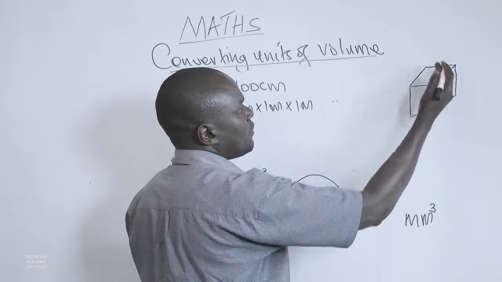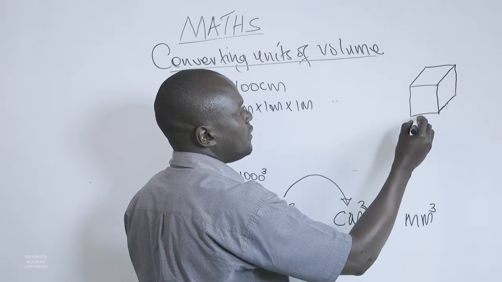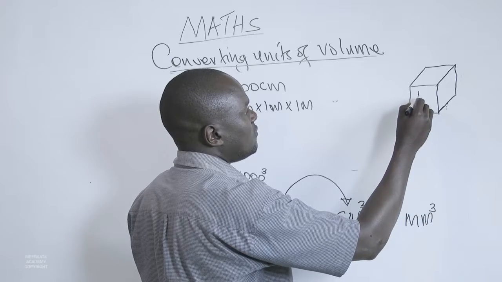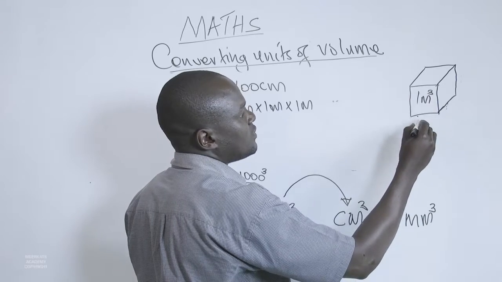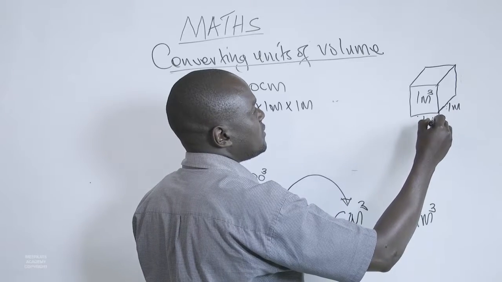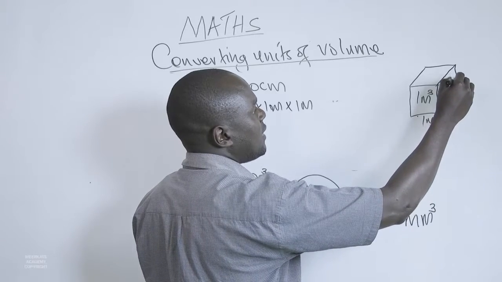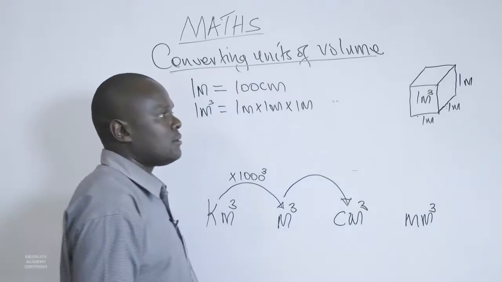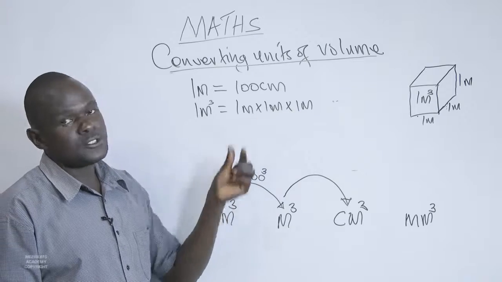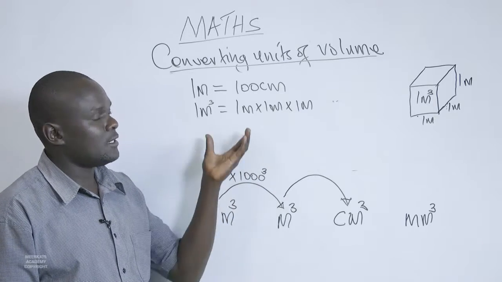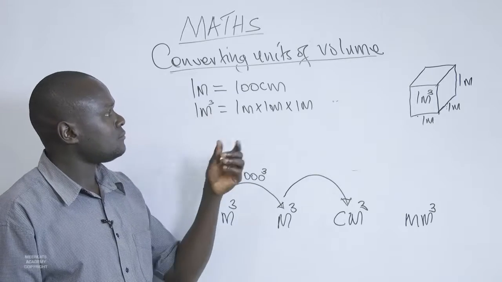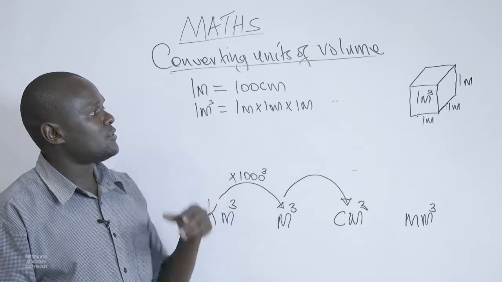If this figure is 1 cubic meter, we will have 1 meter here, another meter. The length is a meter, the width is 1 meter, and even the height is 1 meter. We can convert this to centimeters so that we can identify the relationship between 1 cubic meter and the centimeters.